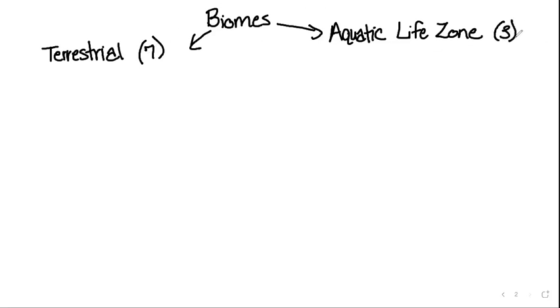Within these different biomes, there are multiple different ecosystems. So you want to make sure that you are not confusing an ecosystem with a biome. Okay? Biomes are large, and span over multiple continents, large portions of the world. Okay?